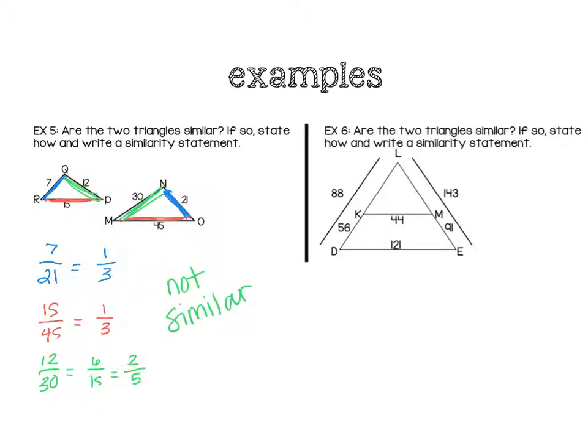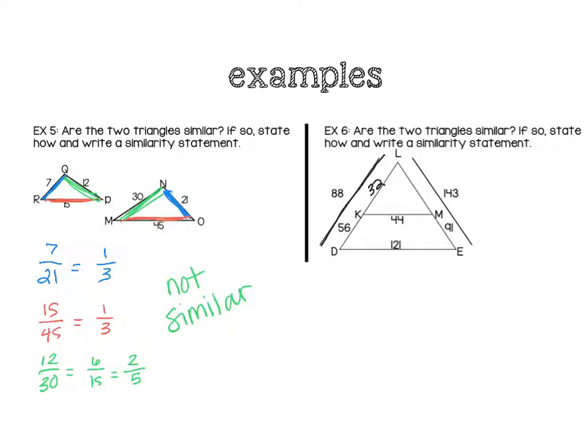Now when I look at example 6, I want to fill in some information first. I know that if DL, this whole side right here, is 88, then KL has to be 32, because 56 was used for KD.